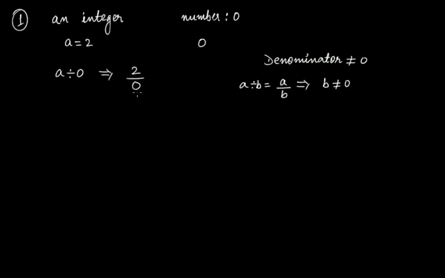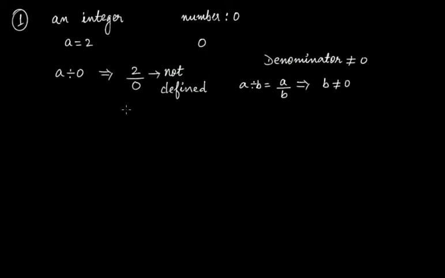If b is 0, then you will say that the division is not defined, and we need not discuss it here. Always keep in your mind that if your denominator is 0, whatever the numerator is, it will always be not defined.